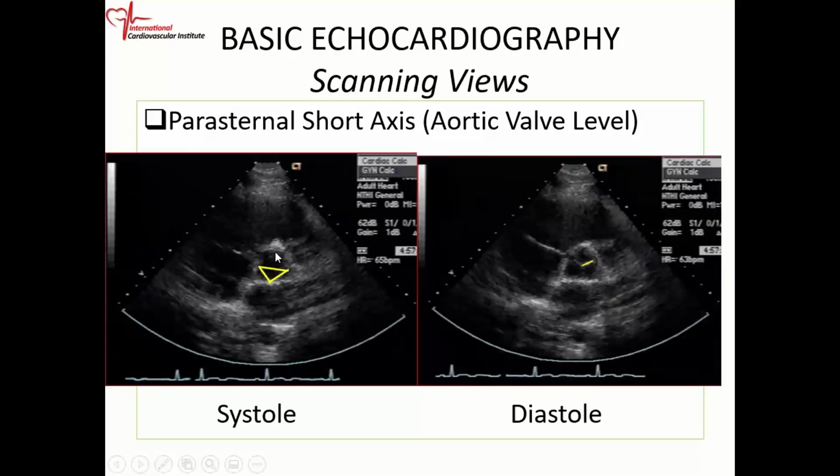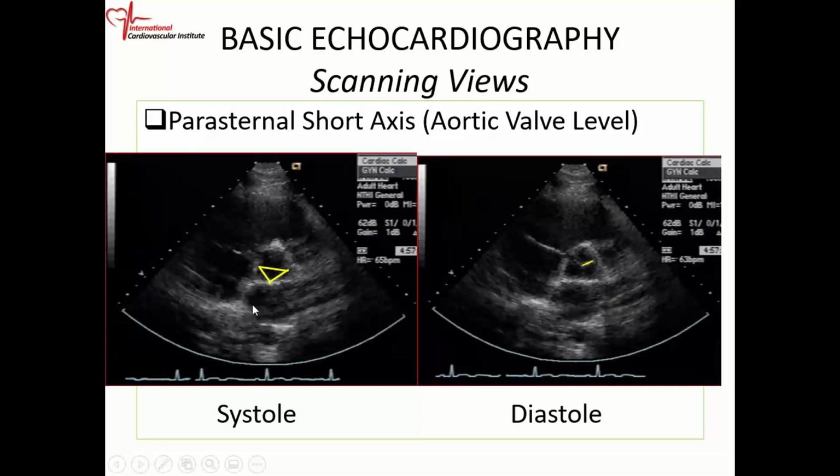This is the aorta, and it's a systolic frame. The aortic valve opens. This is our right ventricular cavity, or the right ventricular outflow tract. Tricuspid valve is over here, and this is your right atrium. This is your atrial septum.